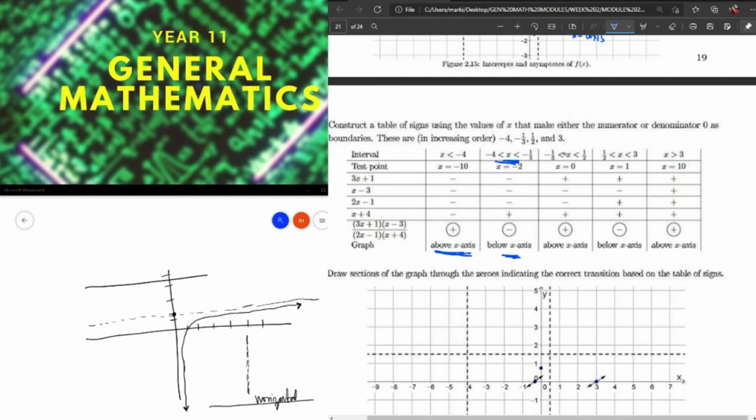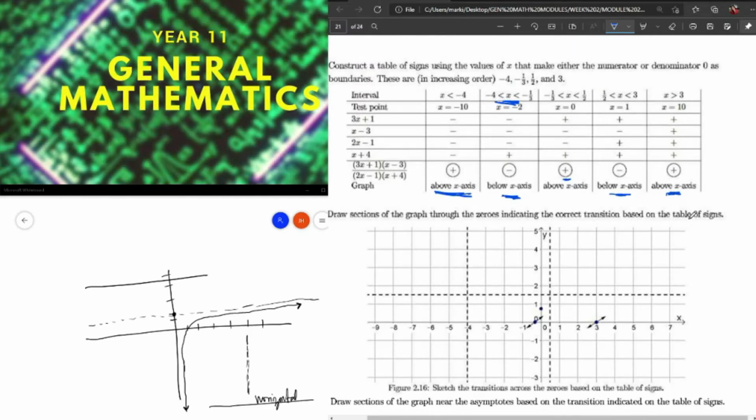And this one, x is greater than -1/3 but less than 1/2, it should be above the x-axis because it is positive. Next, we have x greater than 1/2 but less than 3, so negative, so it should be below the x-axis. And then x is greater than 3, then it should be above the x-axis.